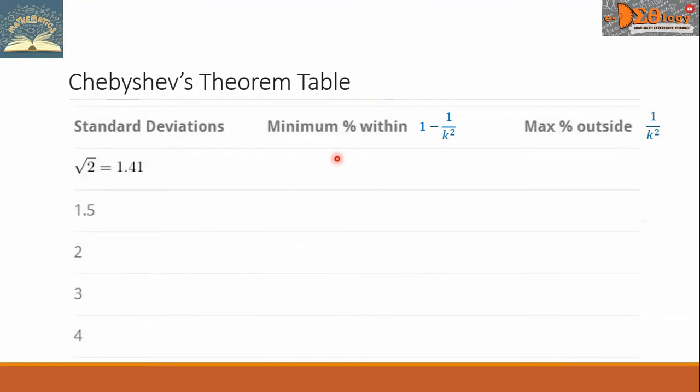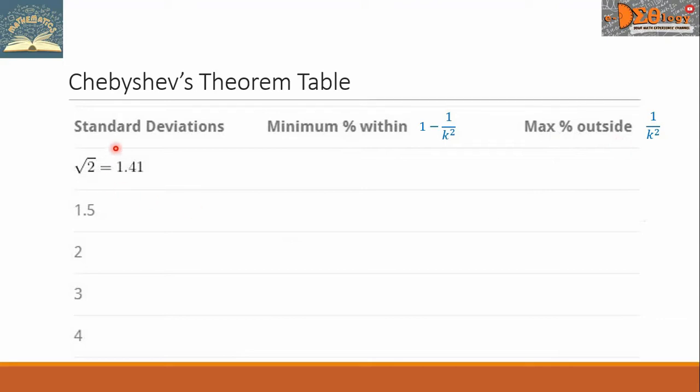The second column, we're going to use this formula to represent the minimum percent of observations within. The third column is for this formula 1 over k squared. This represents the maximum percentage of data outside the standard deviations.